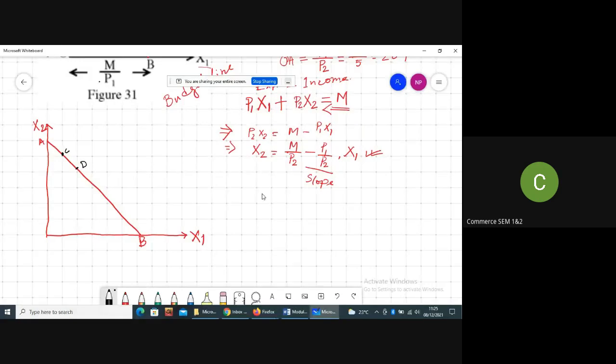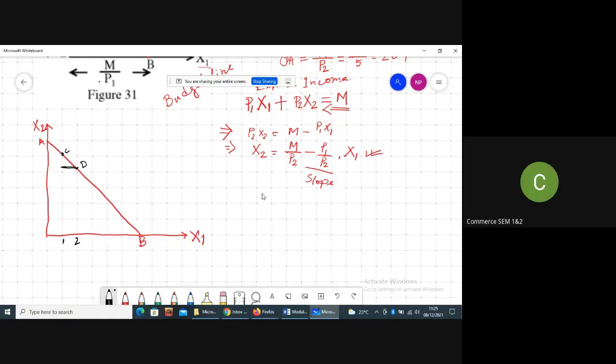So compared to point C, point D contains one more unit of x1. Say if this is 1 unit and this is 2 units. So compared to point C, point D contains 1 unit extra amount of x1, right? Yes sir.